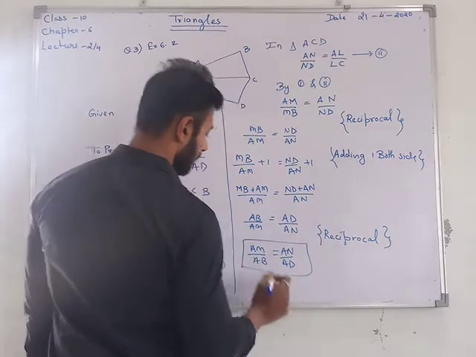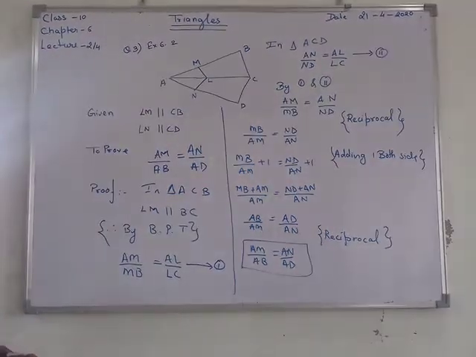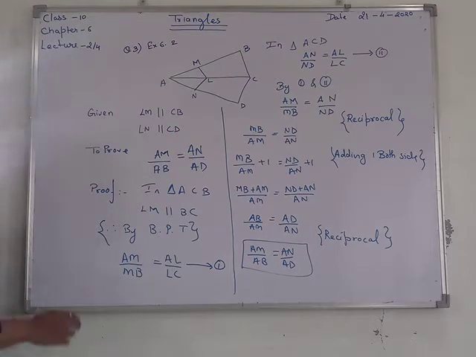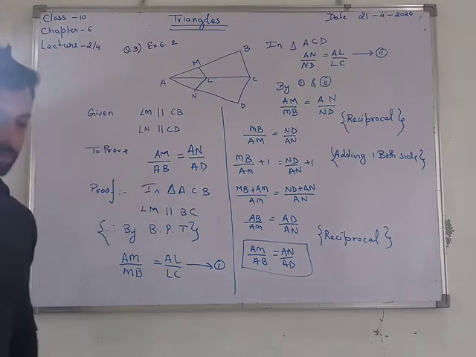So this is the required thing which we have to prove. In this we have used the BPT theorem for solving the question. Now let us move to the next question.